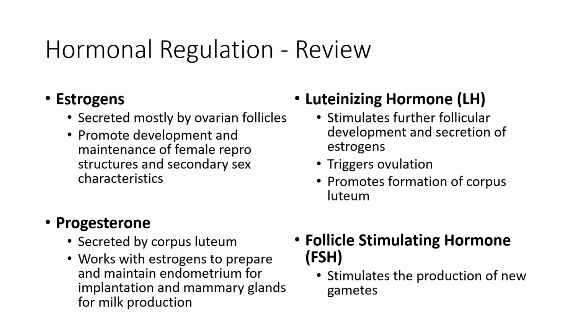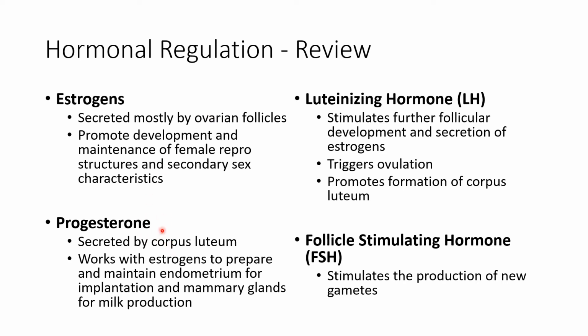Now, just a quick reminder, these are the hormones we'll be talking about today. Estrogen and progesterone, remember these are the female sex hormones. Estrogens are going to be secreted by those ovarian follicles. Remember the granulosa cells take the testosterone from the theca interna and turn it into estrogen.